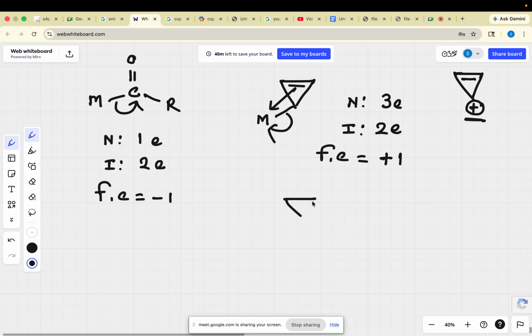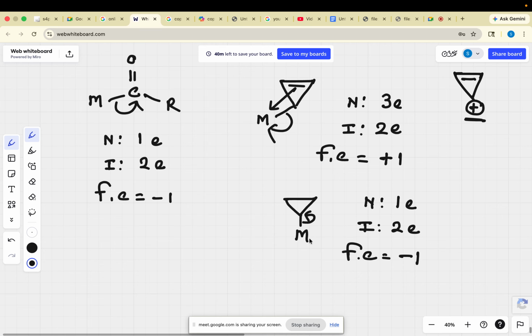Now if I draw this molecule, in neutral method you will have how many electrons? 1 electron. And ionic method you will have 2 electrons, and formal charge will be -1, because here the bond will break like this.